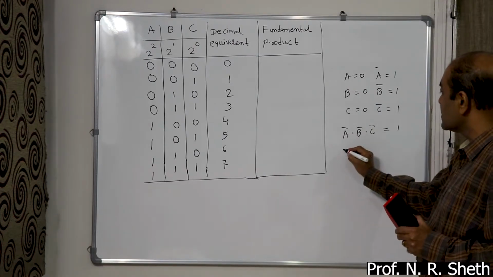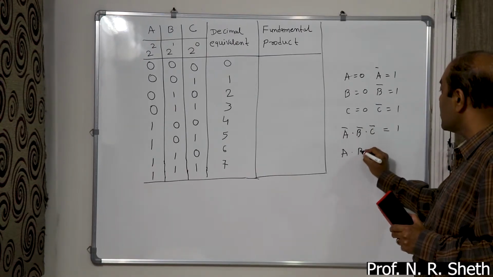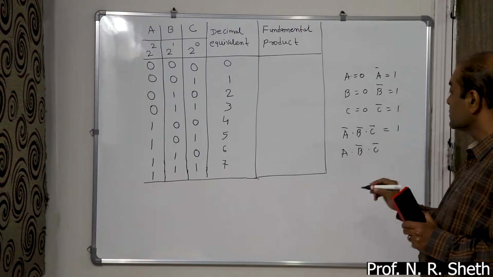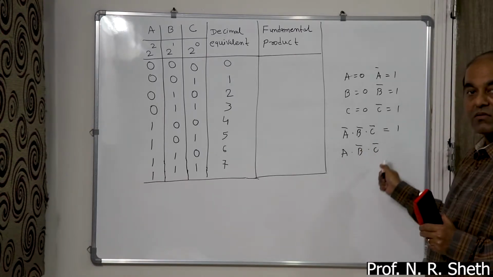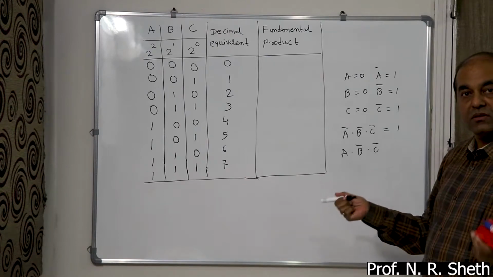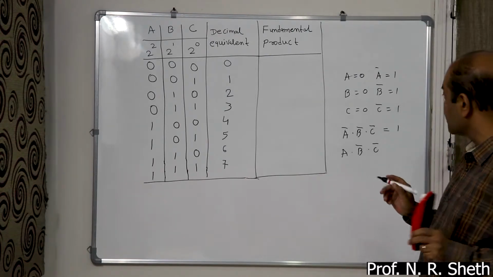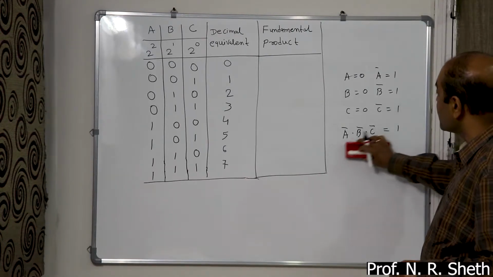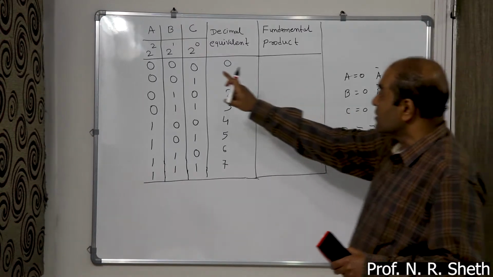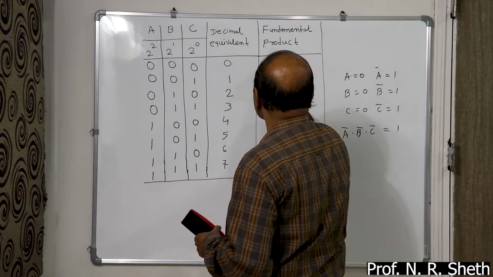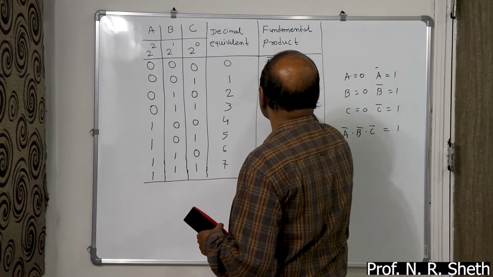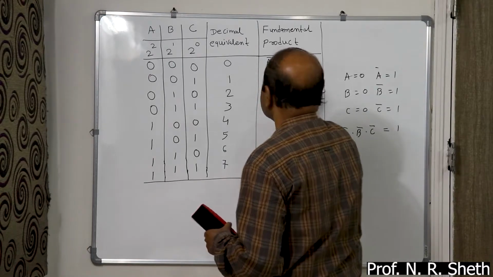Suppose anyone says, sir, what about A dot B bar dot C bar? That is 0 dot 1 dot 1, and anything multiplied by 0 is absolutely 0. So this is your fundamental product: for this case, A bar, B bar and C bar.